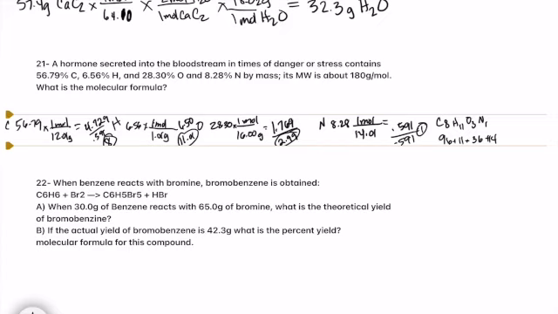So 8 times 12.01 gave us roughly 96 here. 11 times 1.01 gave us 11. 3 times 16 would have given us 48, but I've written 36. And 1 nitrogen would have been roughly 14. So if I add those together, the correct answer would have given me 12 more than 157.